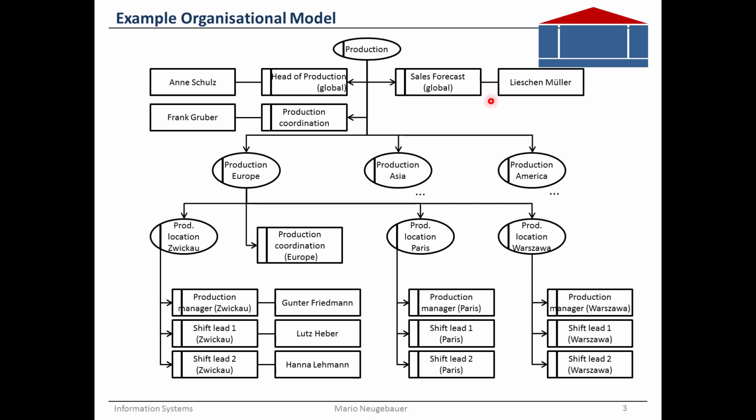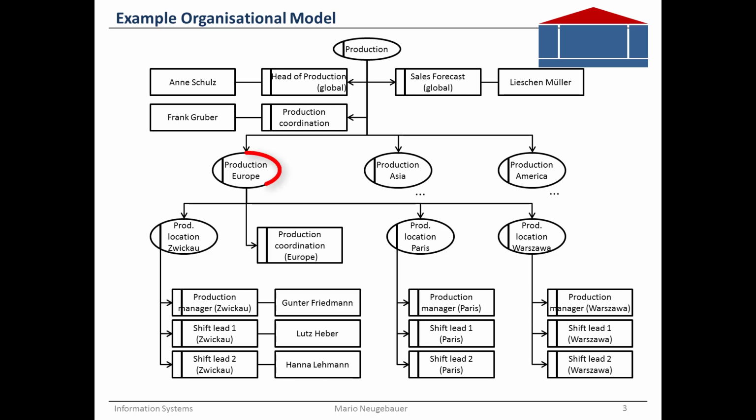And then below, we have three different departments. We have first the production in Europe, then the production in Asia, and then the production in America. So maybe it's a production company producing cars or similar kind of vehicles, and you would produce the cars probably in the markets, in factories which are located in the markets, like in Europe, like in Asia, or in the Americas.